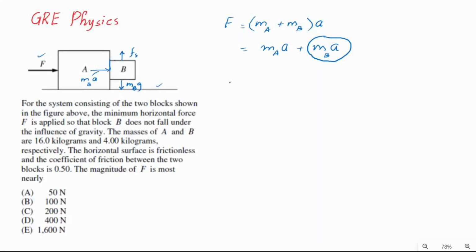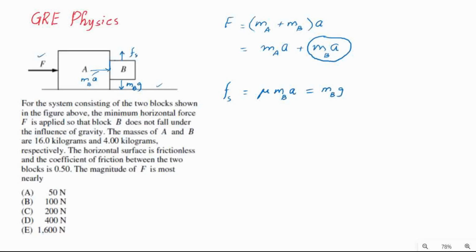So let us write the equations now. The force of static friction, which is the minimal force required to keep block B from falling, is equal to mu times the normal force on block B. Mu here is the coefficient of static friction for the surface between block A and block B times the normal force on block B, which is mb times A here, and this should be equal to the weight of block B, which is mb times g.